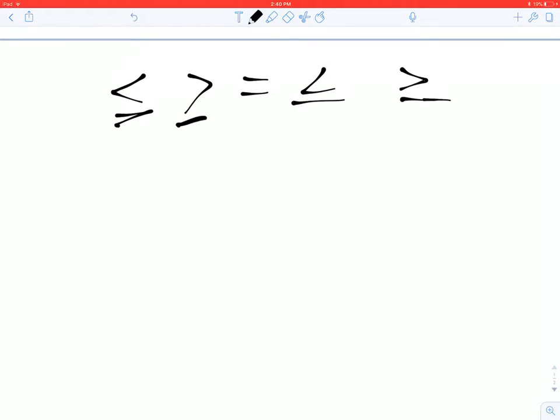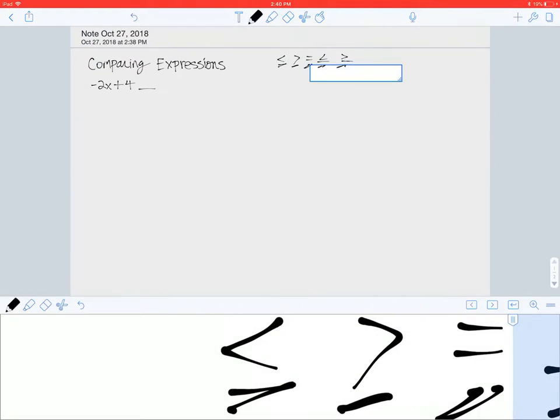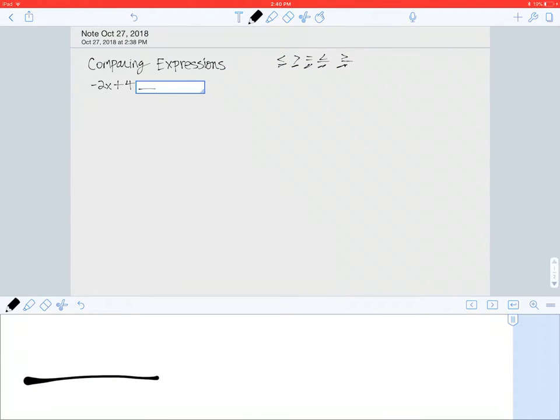This one is greater than. This one you should definitely know. This one's equal, or equal to. This one is less than or equal to, and this one's greater than or equal to. So these symbols are important as a means of comparing different numbers and expressions.